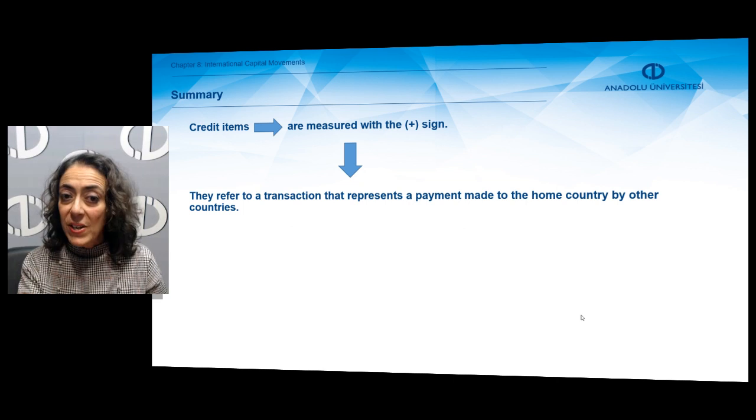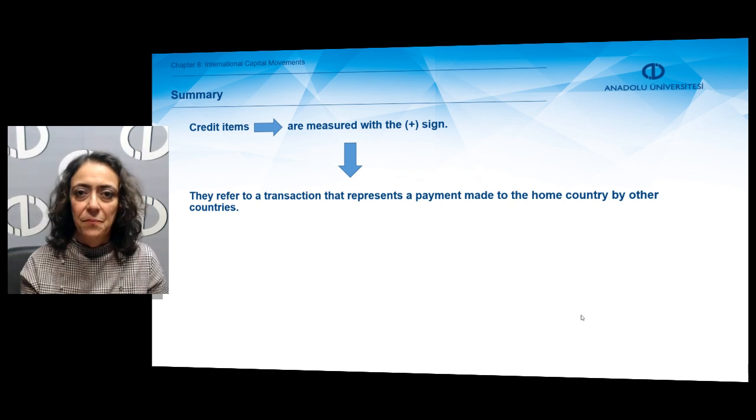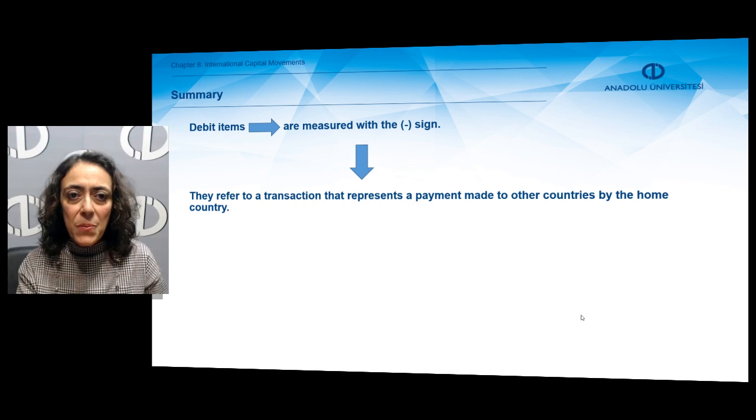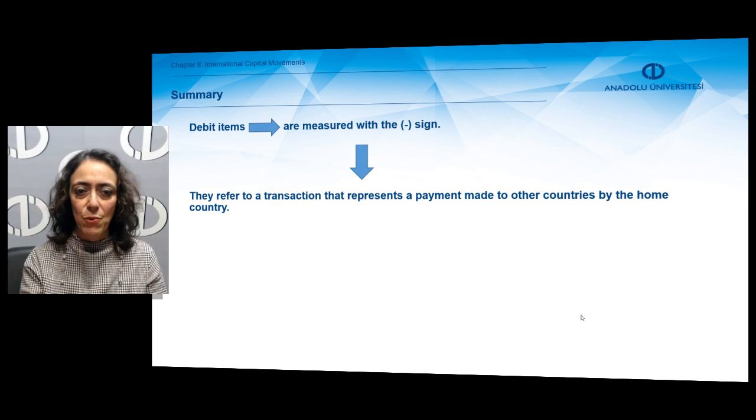They refer to a transaction that represents a payment made to the home country by other countries. And on the other hand, debit items are measured with a negative sign. They refer to a transaction that represents a payment made to other countries by the home country.